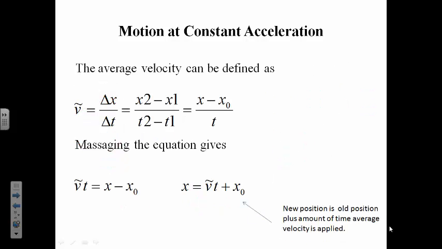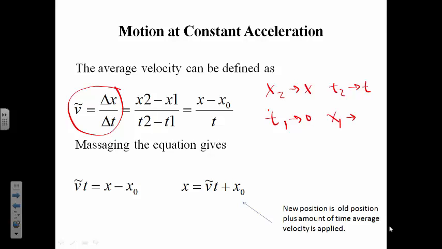We're going to apply the same notation shift to our average velocity. We said that our average velocity was delta x over delta t. So we're now going to say that x2 now goes to x, t2 now goes to t, t1 now goes to 0, and x1 now goes to x0, or x at time 0. Then we can rearrange this.